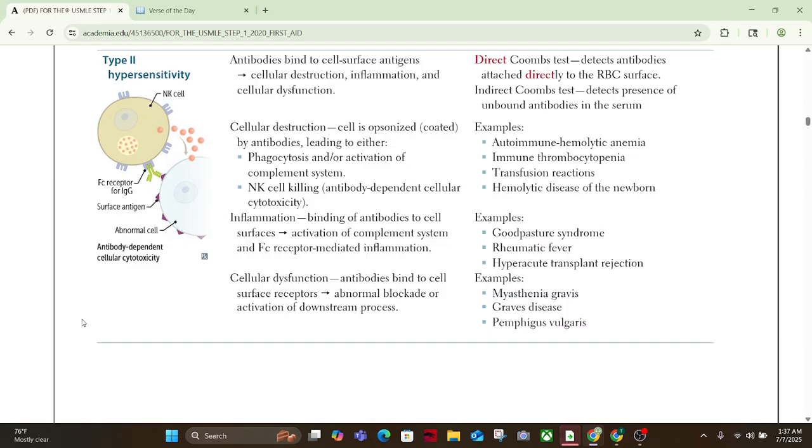They're all examples of type 2 hypersensitivity reaction, but these are all examples of cellular destruction. And Goodpasture syndrome, rheumatic fever, and hyperacute transplant rejection are all examples of inflammation. And number 3, myasthenia gravis, Graves' disease, and pemphigus vulgaris are all examples of cellular dysfunction. Okay, we're going to get into this.